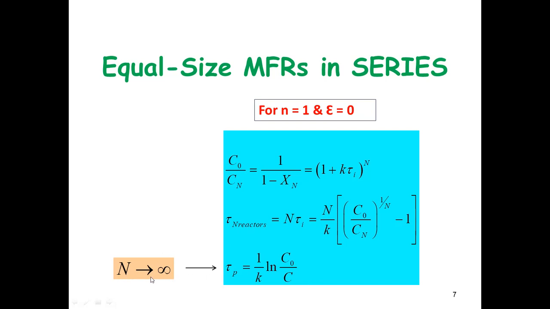So when n approaches infinity, meaning the value is very large, its behavior is comparable to a plug flow reactor whose residence time is given by this formula, dependent on the rate constant, the initial concentration, and the final concentration leaving that particular plug flow reactor. But this only happens when we make the number of these equal sized MFRs in series large.